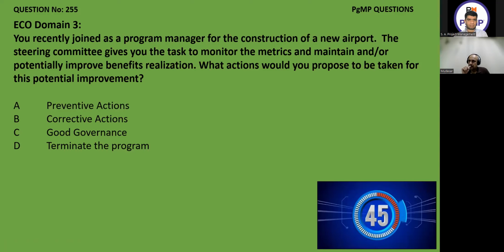Monitor the metrics and preventive action, corrective action, good governance, terminate the program. Terminate the program, no, this is eliminated. I would go for good governance, it is always there.